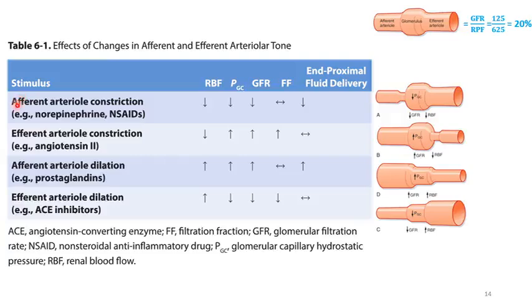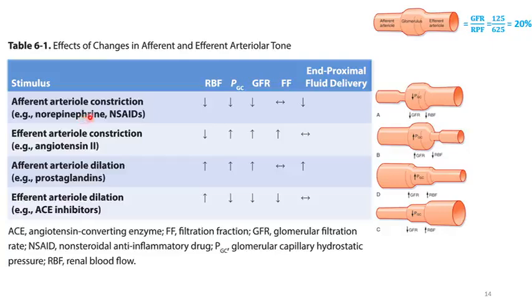The first condition that constricts the afferent arteriole is the effect of norepinephrine due to sympathetic activation, directly by sympathetic nerves or indirectly by the release of hormones from the medullary part of the adrenal gland, that is released into the circulation and reaches the level of the kidneys.